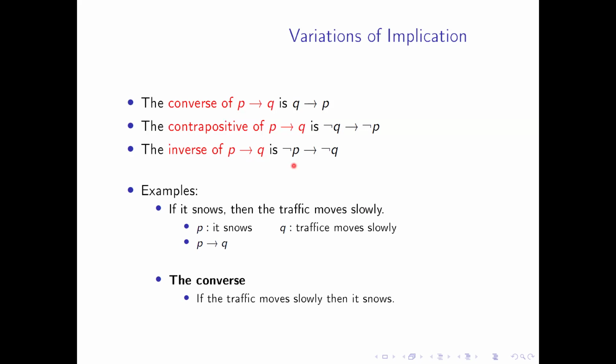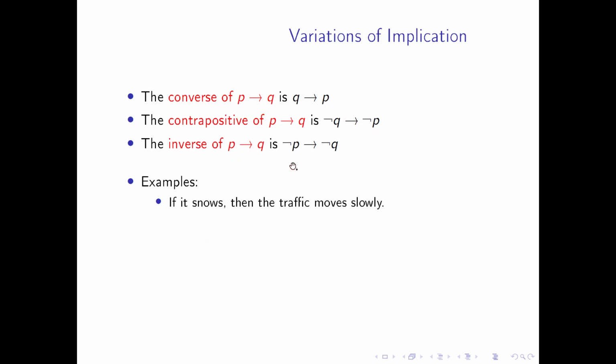Notice that this is not necessarily true, because there could be a lot of other things that cause it to be slow. So this shows us that while P implies Q could be true, the converse is not necessarily true. And so the converse is not the same. Similarly, I can take the same statement, the contrapositive would be if the traffic does not move slowly, then it does not snow.